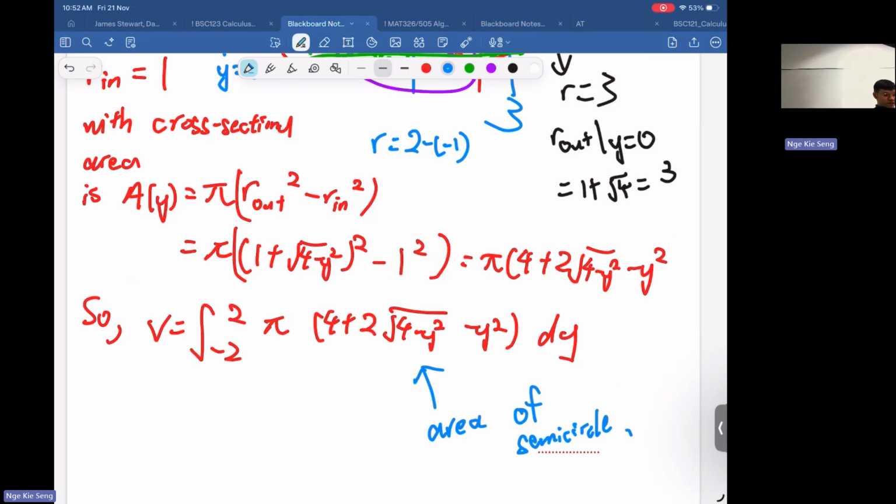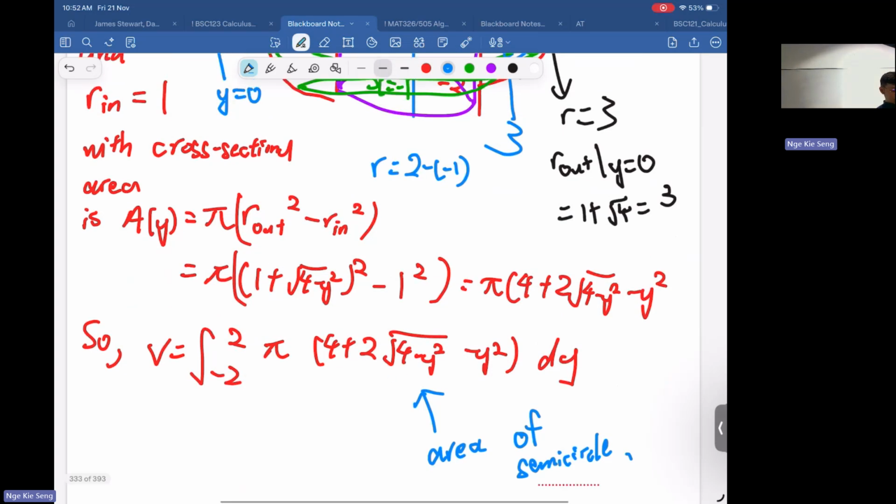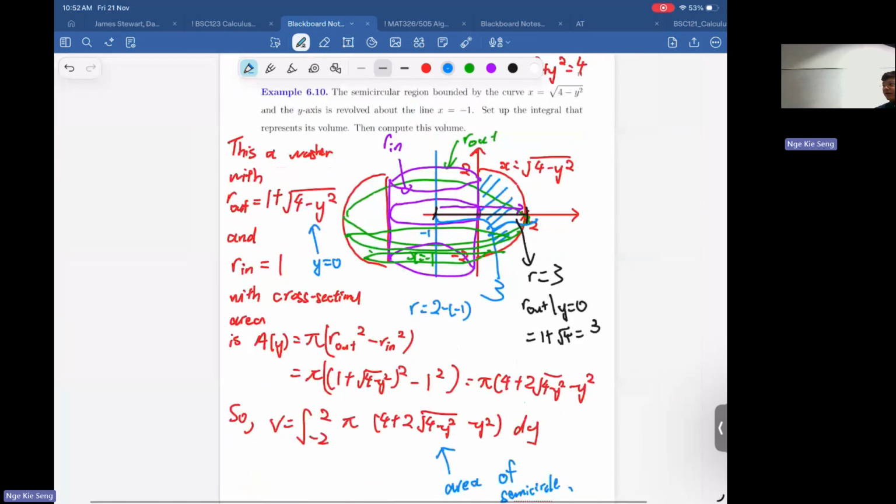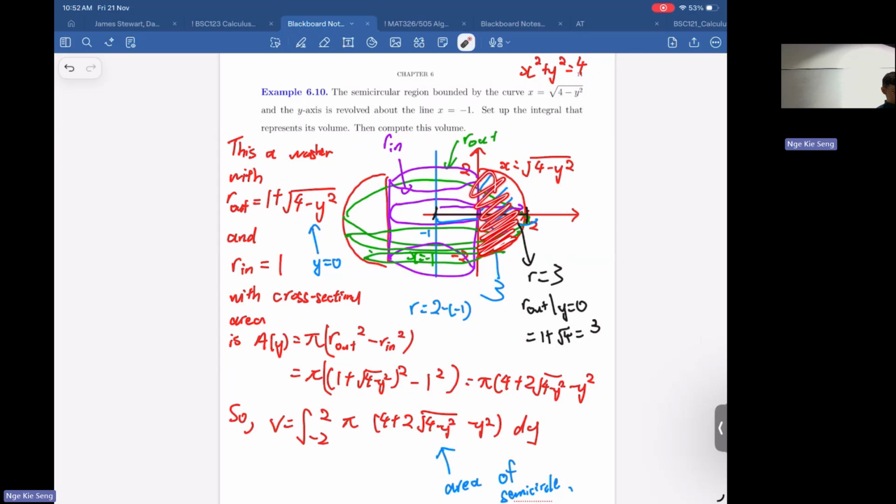What is this? This is a semicircle, right? So what's the integration from -2 to 2? This is the area of the circle divided by half. So this is the definite integral of the square root.